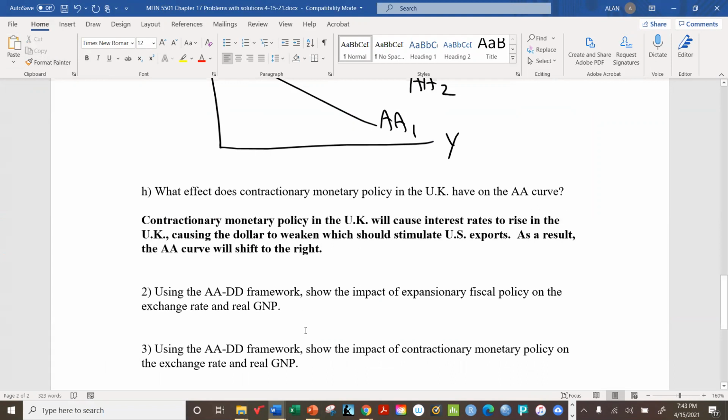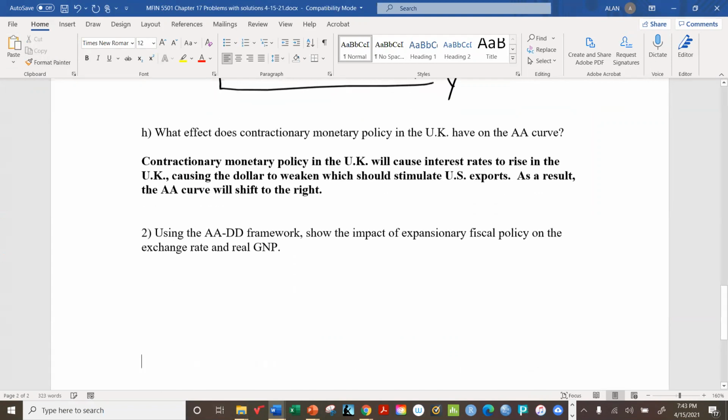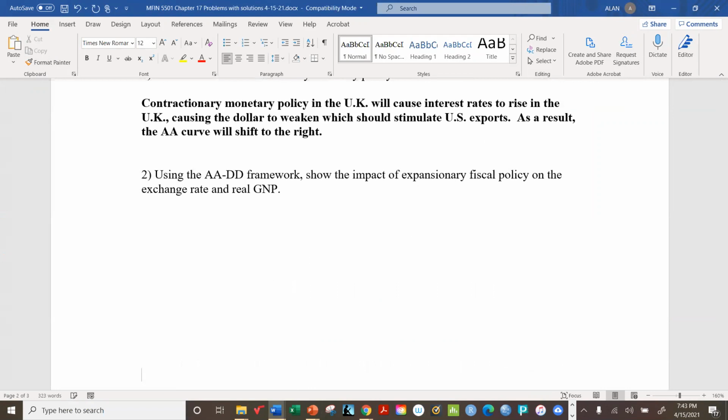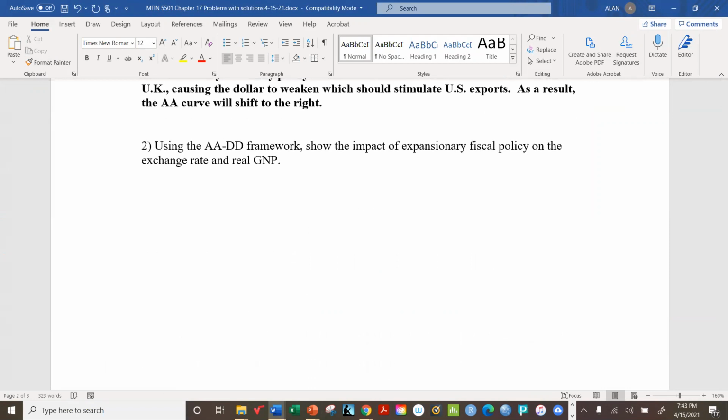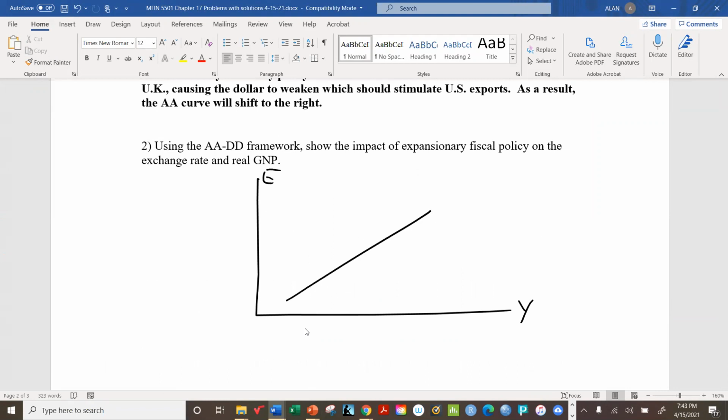Now, using the AADD framework, show the impact of expansionary fiscal policy on the exchange rate and real GNP. Okay, so anything that stimulates the economy, as we've already seen, will result in a stronger economy, of course.